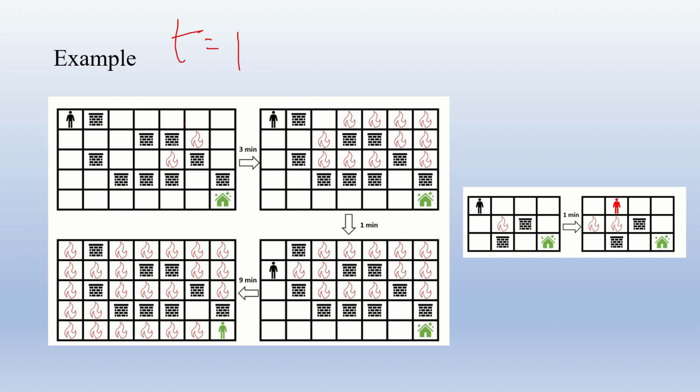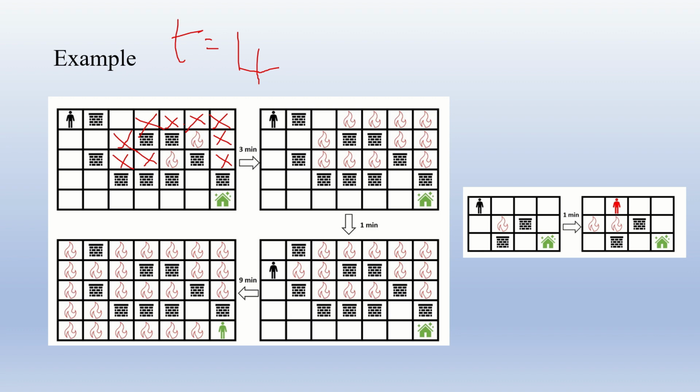Let's see at time is equal to 4, can we reach the destination? At time is equal to 4, this is time is equal to 1, this is time is equal to 2, this is time is equal to 4.